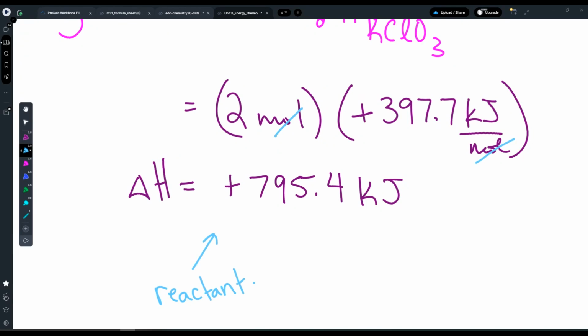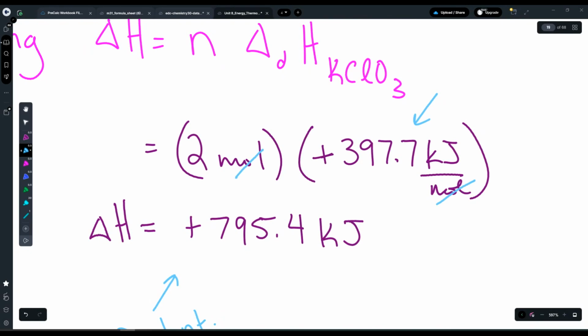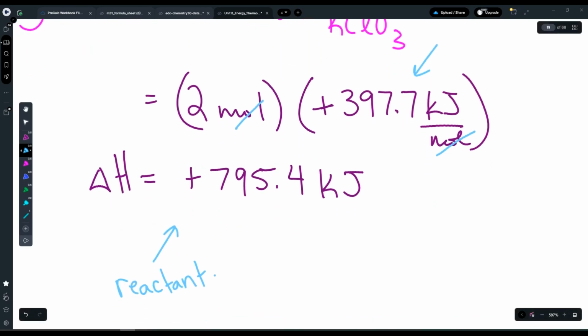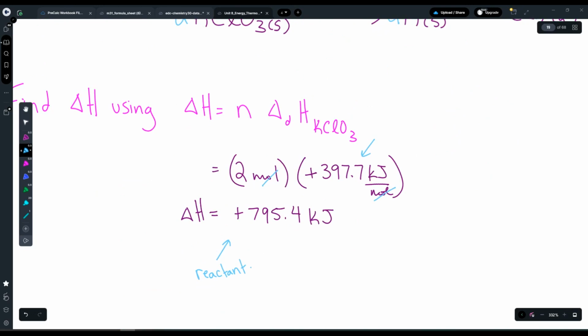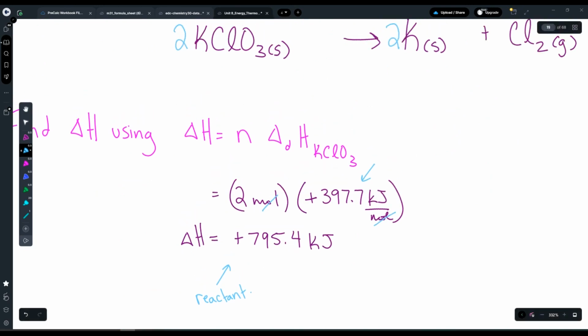Now since this value was a constant, we can never use constants to determine sig digs, so we're just going to leave the sig digs here for now and just leave it as 795.4 kilojoules.